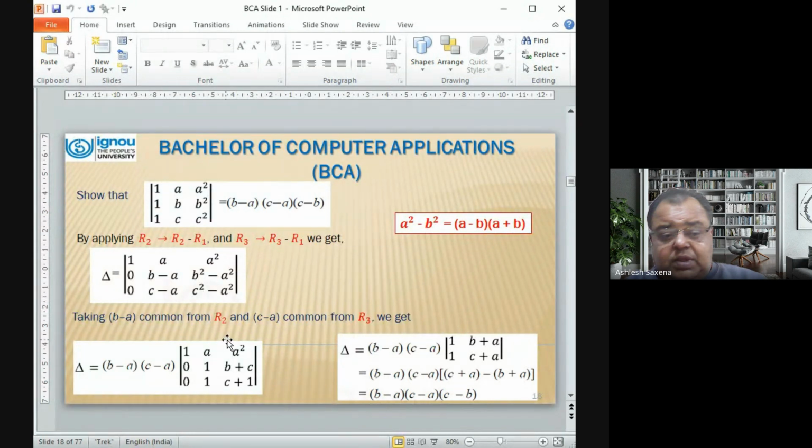Now what I will be doing? I'm taking B minus A from row 2 and C minus A from this. So what is left over here?